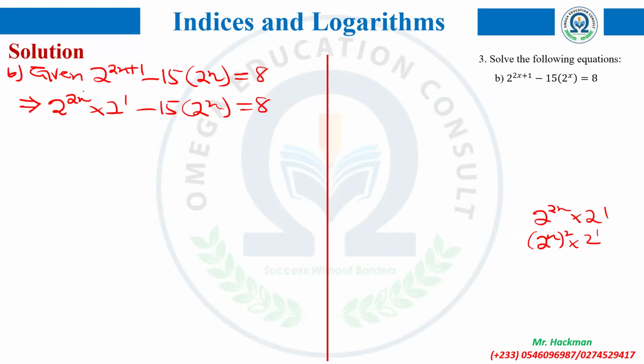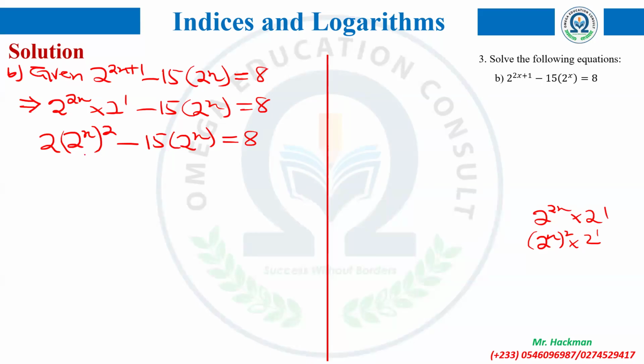However, I can write this one also as (2^x) all squared, but it will be times 2. I will come and write the 2 here. Is that clear? Yes. Then 15 into 2^x is equal to 8.